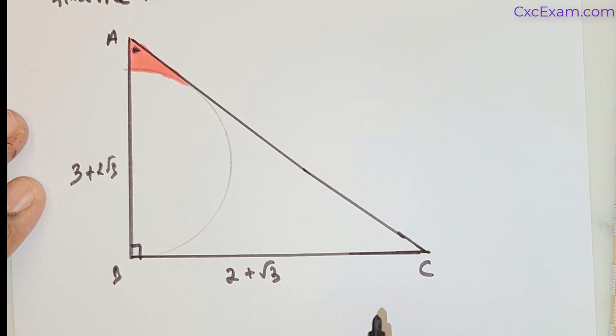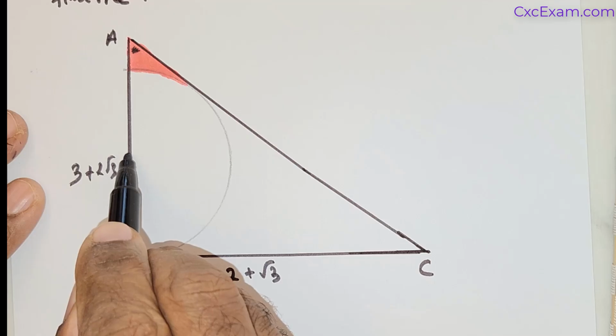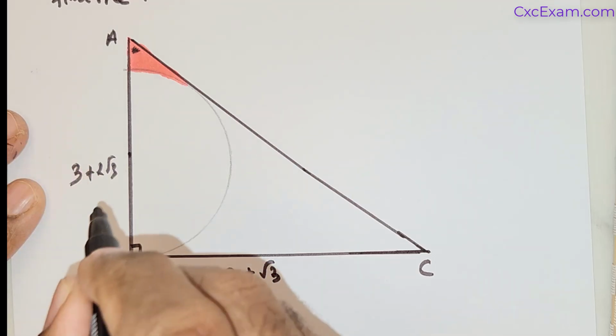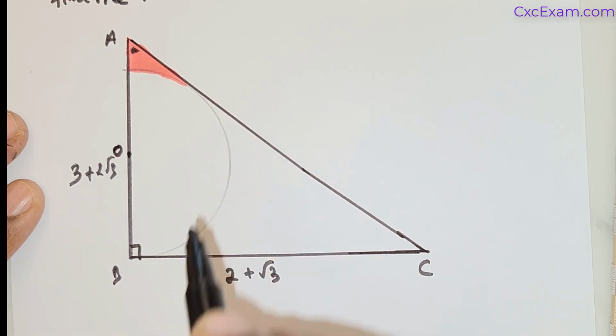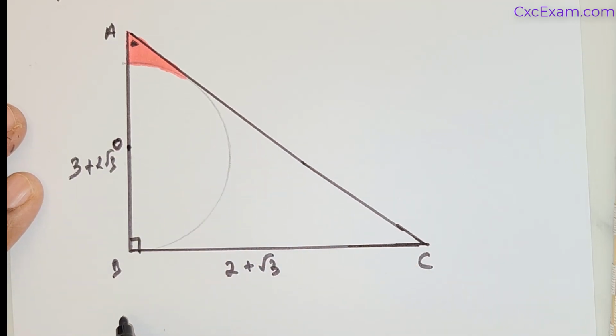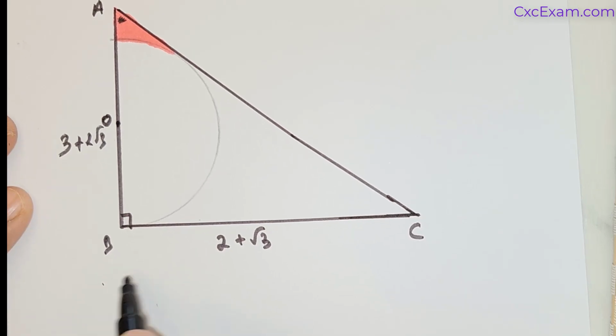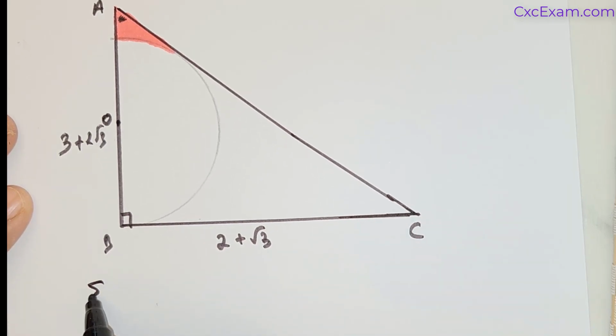Now foremost, this is the center, this is the center O of the circle. So it's a semicircle. What I wish to do foremost is find out the angles.